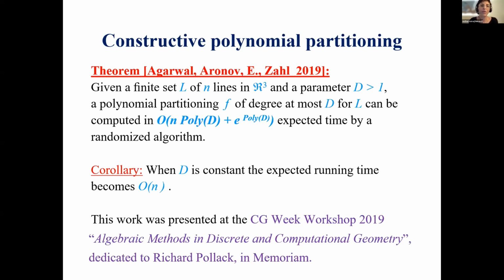For a set L of n lines in 3-space and a degree parameter D, one can construct a polynomial partitioning f of degree at most D for L in expected time which is linear in n and exponential in the degree D. This implies that when the degree D is constant, the expected running time is only linear in n.